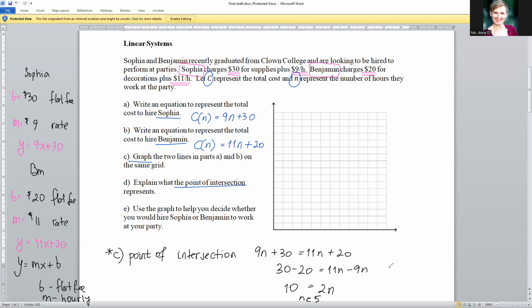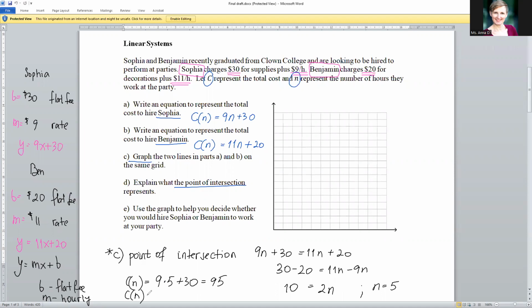N equals 5. When N equals 5, what would the cost be? For example, for Sophia, 9 times 5 plus 30 should be 75.